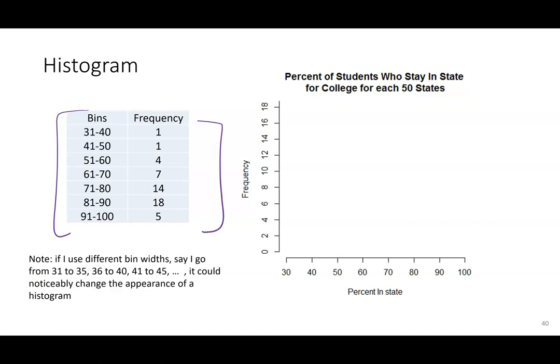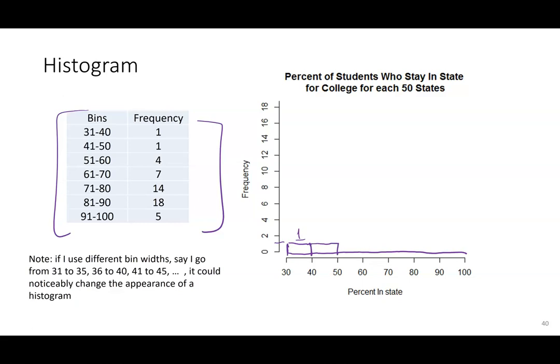So I'm just going to draw a flat line at 0. For 31 to 40, I have 1 of them, so I want it to line up with 1. There's 1. There was 1 from 41 to 50.